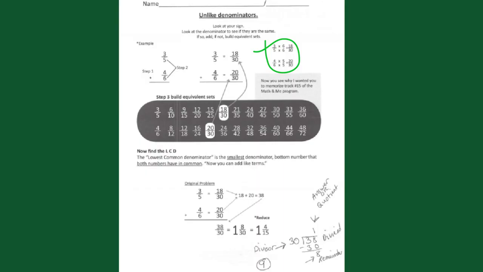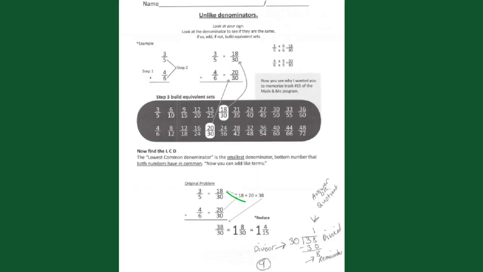So the factor 3 times the factor 6 equals 18. The factor 5 times the factor 6 equals a product of 30. The factor 4 times the factor 5 equals the product of 20. The factor 6 times the factor 5 equals a product of 30.